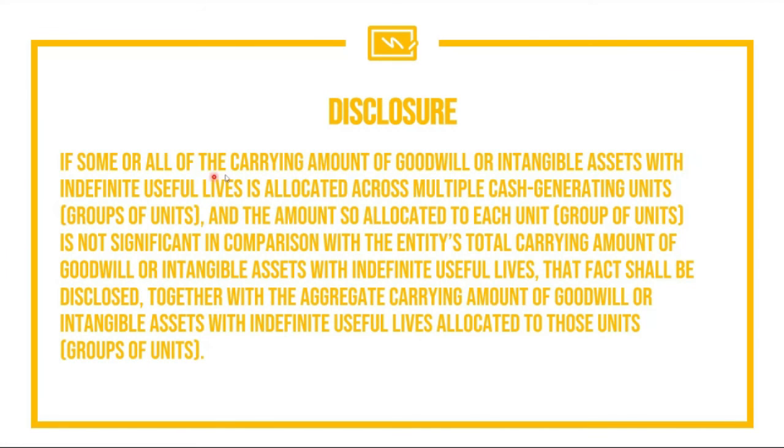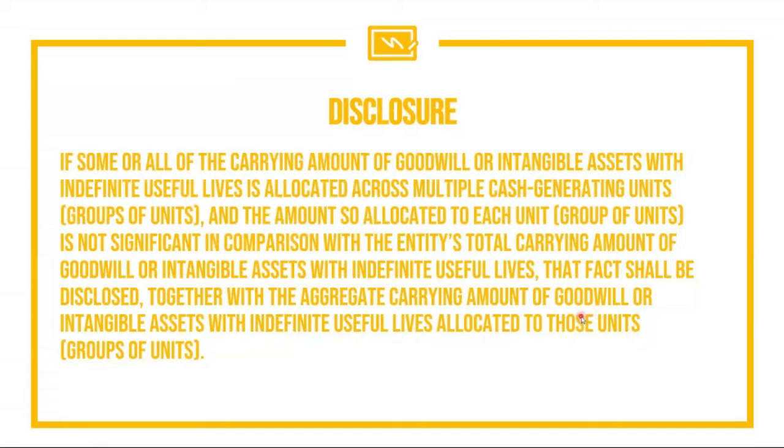If some or all of the carrying amount of goodwill or intangible assets with indefinite useful lives is allocated across multiple cash generating units, and the amount so allocated to each unit is not significant in comparison with the entity's total carrying amount of goodwill or intangible assets with indefinite useful lives, the fact shall be disclosed also, together with the aggregate carrying amount of goodwill or intangible assets with indefinite useful lives allocated to those units.